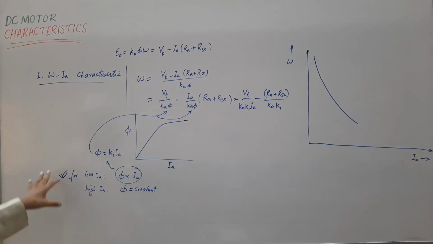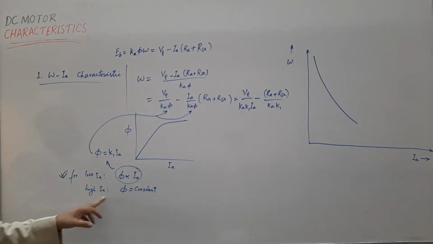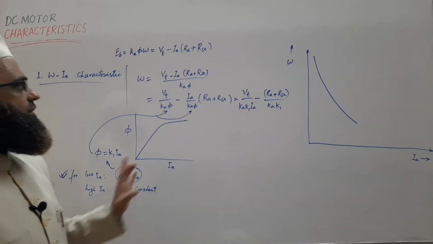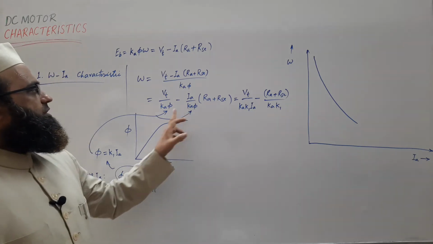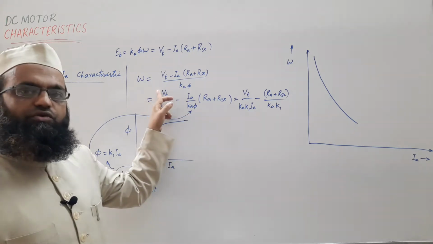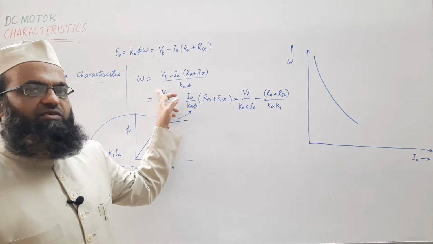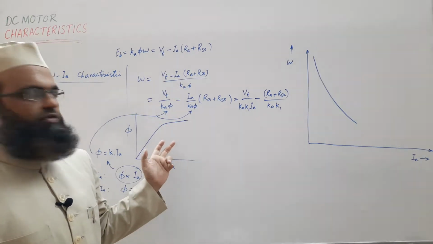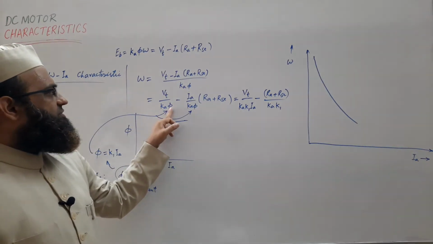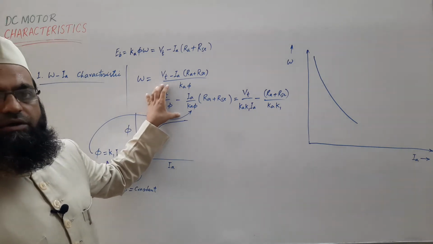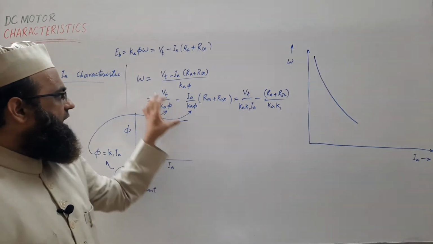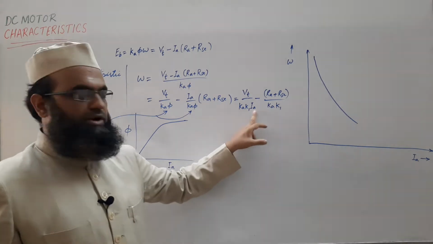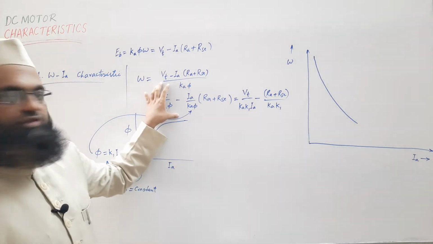First, let us discuss higher values of Ia. When Ia is high, phi is constant. It means Vt by Ka phi is almost constant, as we are maintaining the supply voltage constant, 230 volt, 250 volt like that. For lower Ia this was variable, but for higher Ia this becomes constant.